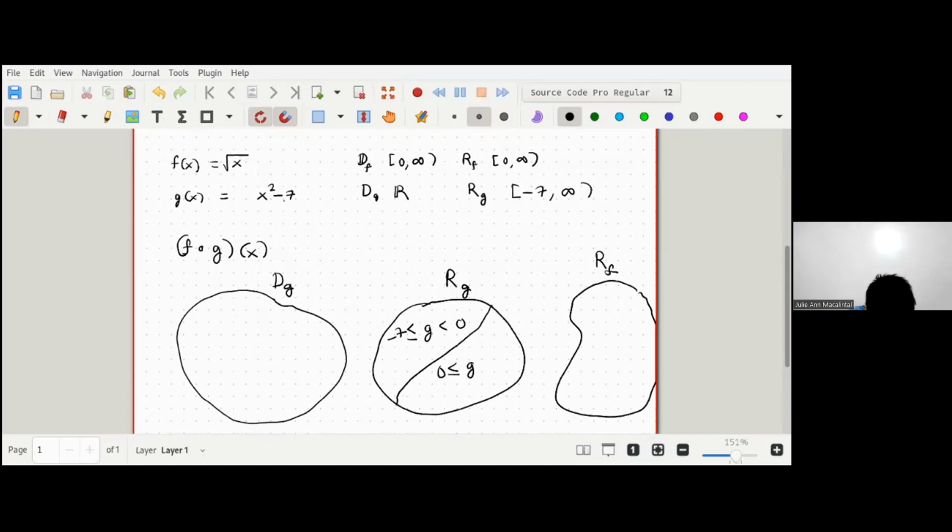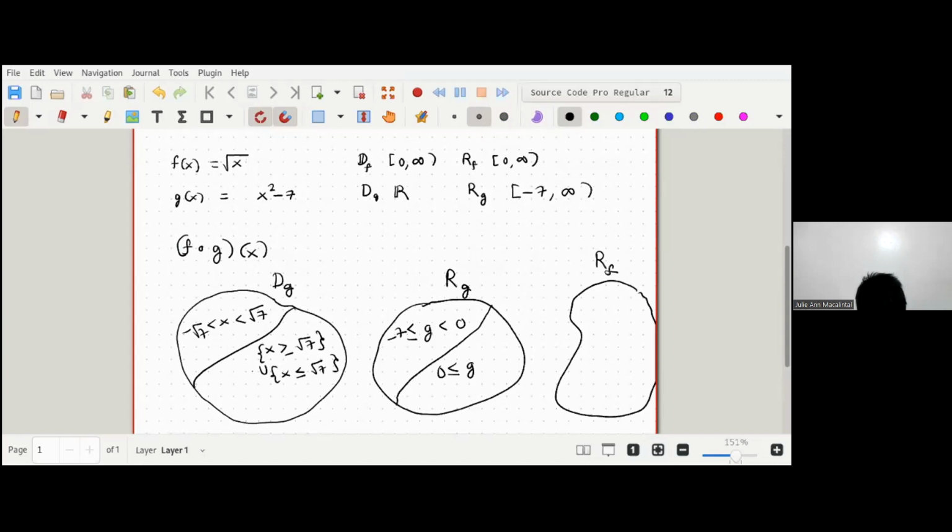So, x squared minus 7, para maging negative yan, we know na x is between negative square root of 7 and square root of 7, tapos x greater than or equal to square root of 7, union x less than or equal to negative square root of 7.